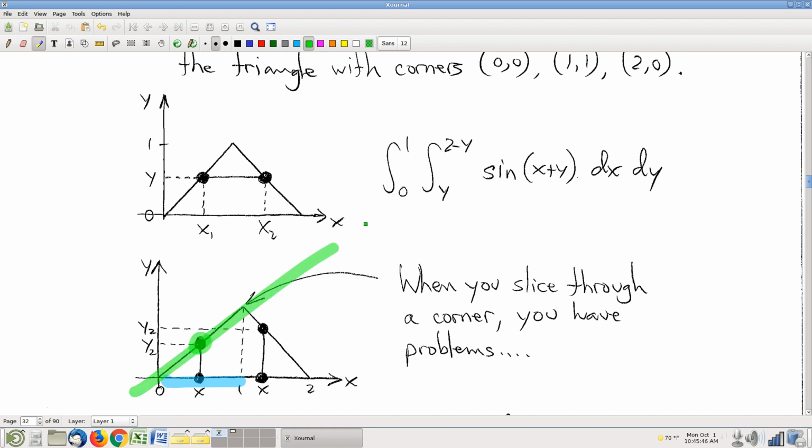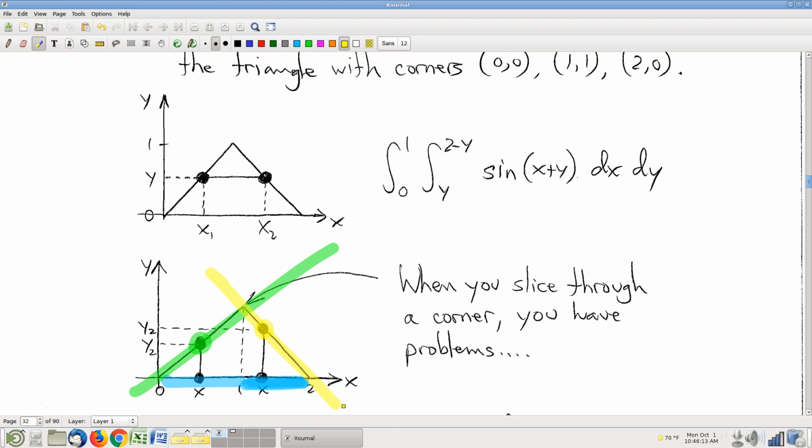But then for these other values of x over here, the upper bound for y is going to be determined by a point on a different curve. So you're going to get totally different algebra for your y bound depending on whether x is between 0 and 1 or whether x is between 1 and 2.